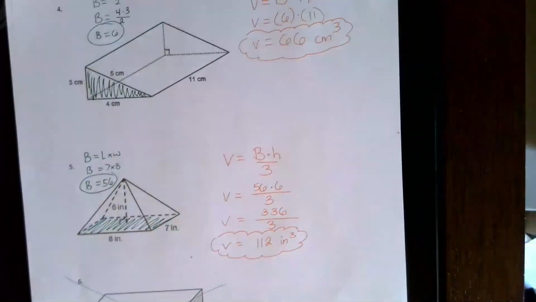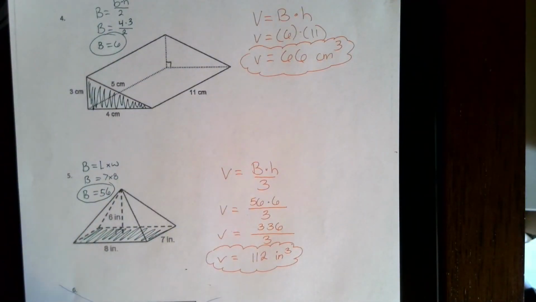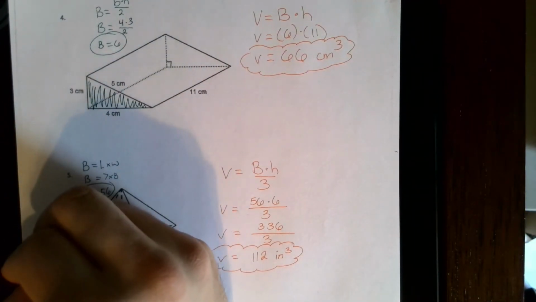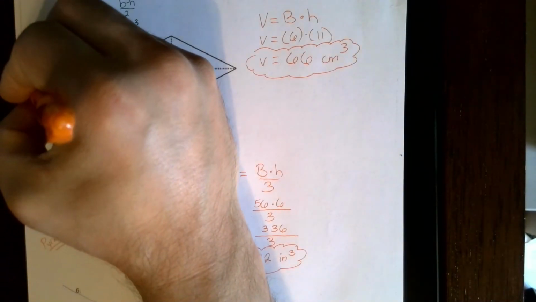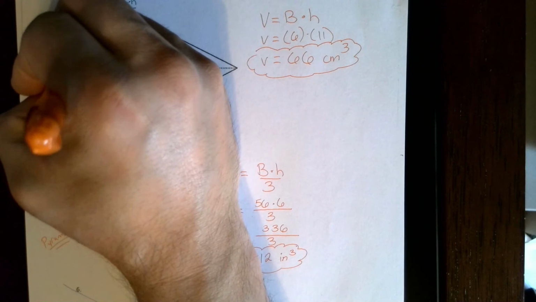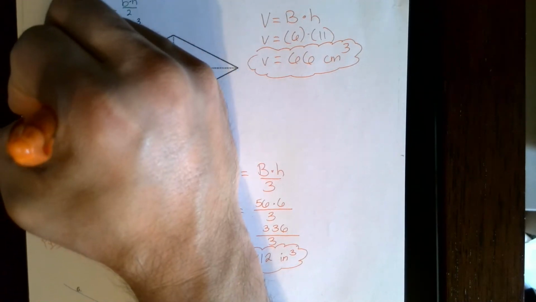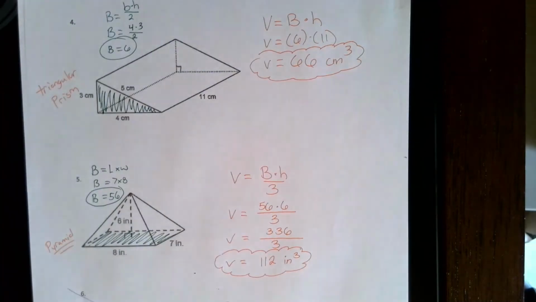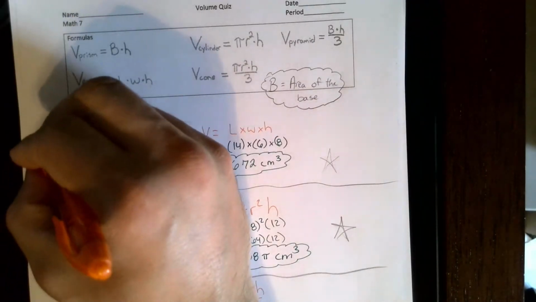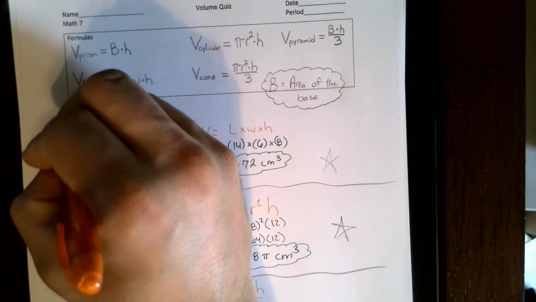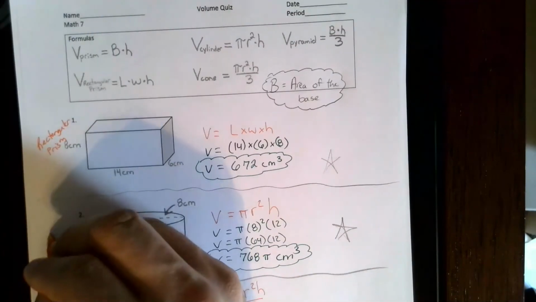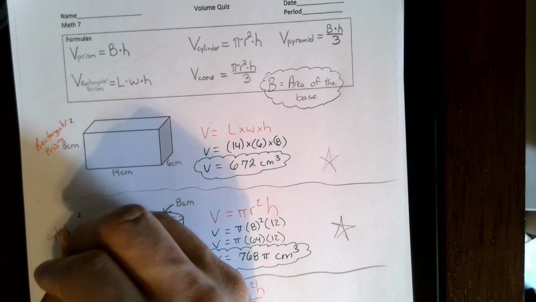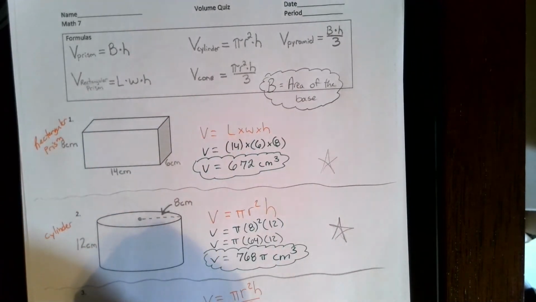Okay, so that's all the different types of volume. We did all the different shapes. This was a pyramid. This was a triangular prism. We had a rectangular prism, a cylinder, and a cone.